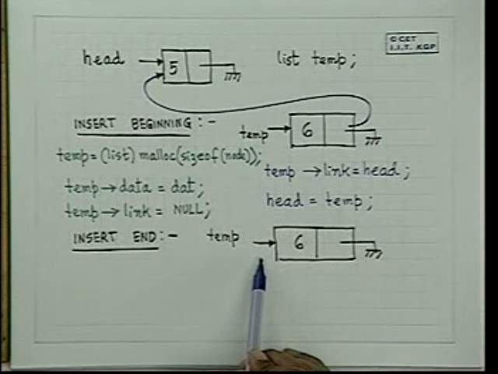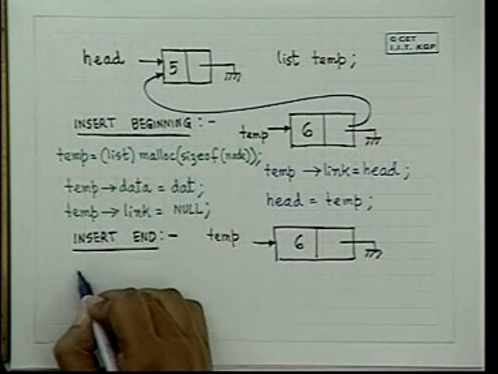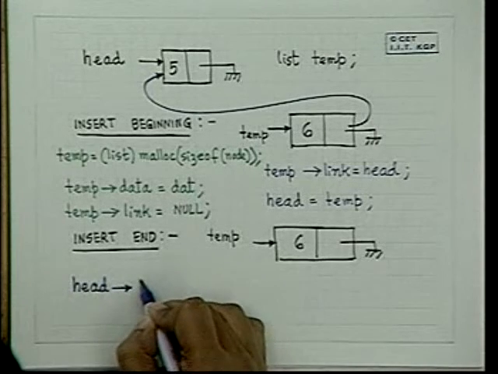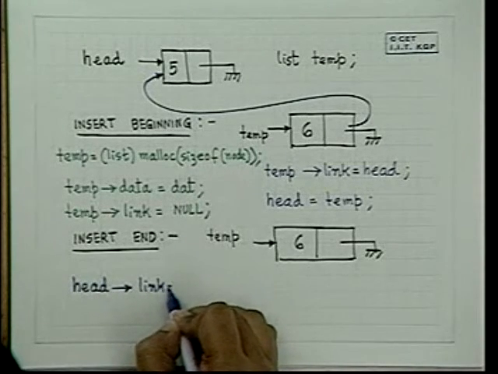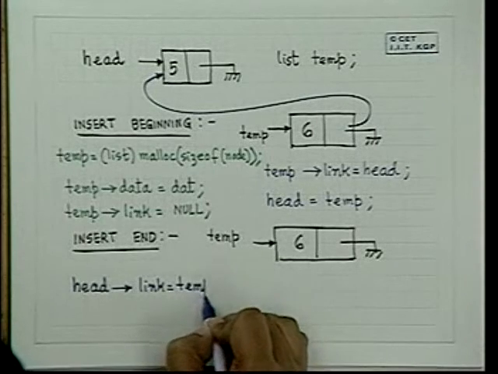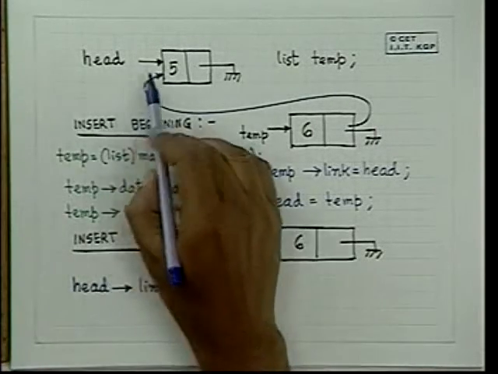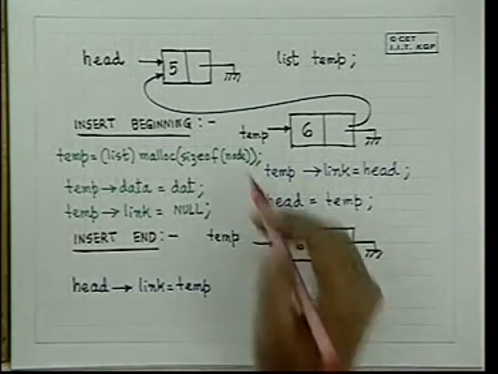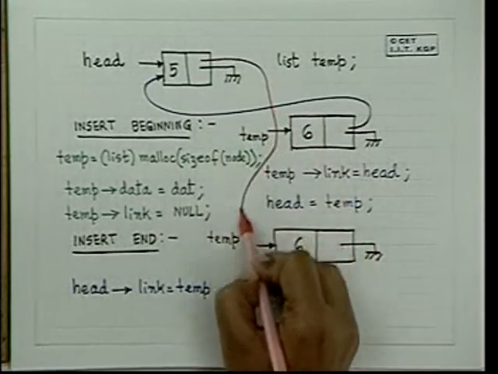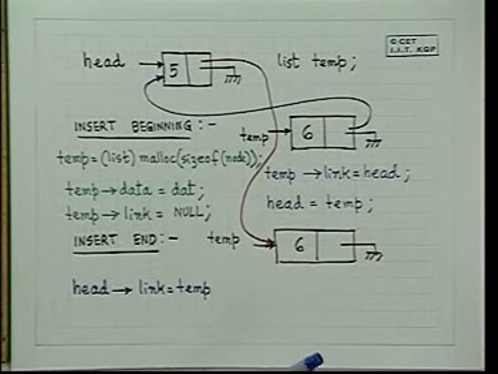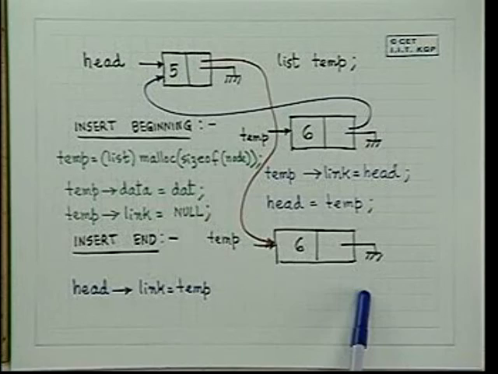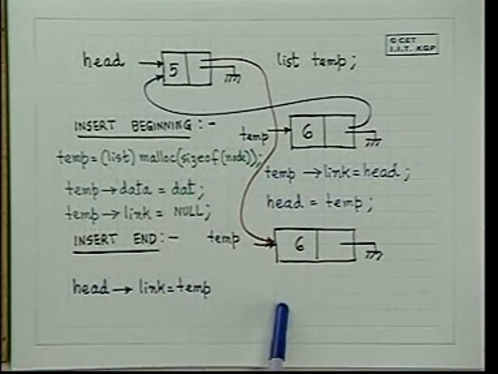That's all. So a very simplistic way of arguing is head dot link is equal to temp, and you get a structure which is something like this, in red. But next time, suppose you want to allocate another element, then head dot next will be assigned temp will not work.